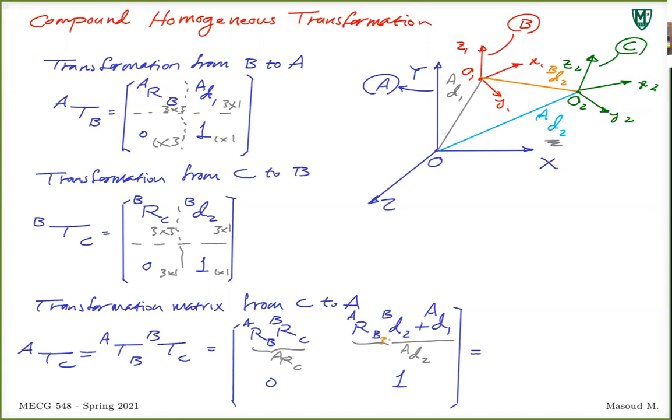This is a 3 by 1 matrix. This is a 3 by 3. This is a 3 by 1 vector, and this is a 3 by 1 vector. So the outcome of this is a 3 by 1, right? 3 by 3 multiplied by 3 by 1 gives you a 3 by 1 vector, plus another 3 by 1 vector.